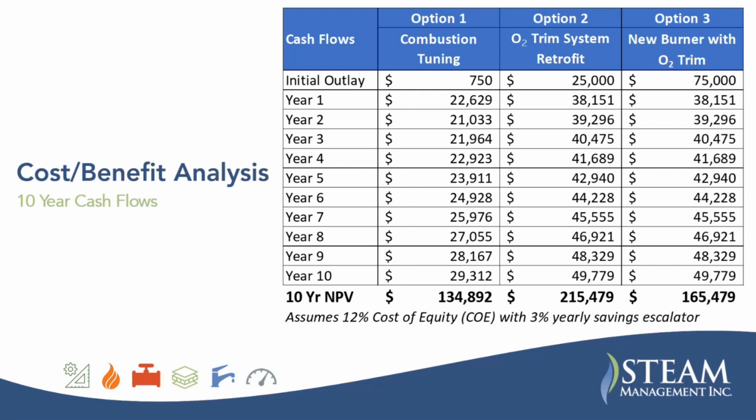And even your new burner is still better than continuing to tune an existing linkage burner, even assuming that burner has 10 years of life left in it without needing replacement anyway. So that's just a generic example, but it gives you an idea of the type of savings you can achieve here.